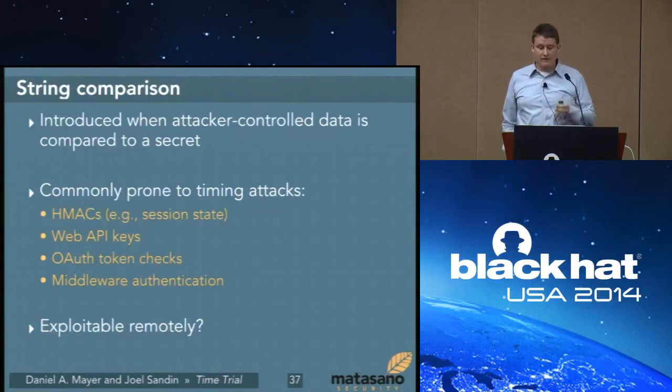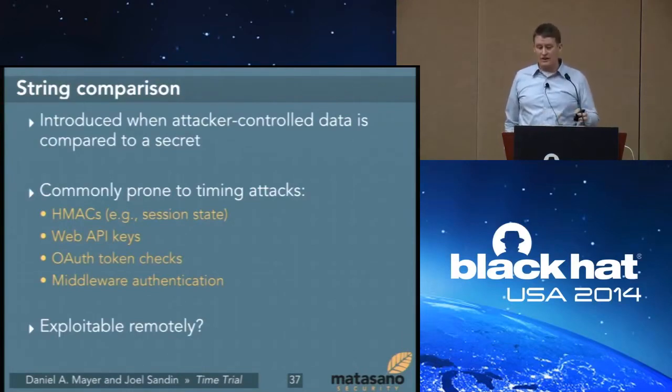Web API keys is another common place where developers compare these things insecurely. They have a web API key in memory that they expect for the client they're getting the request from, and they go ahead and compare it using a regular comparison. OAuth tokens can be implemented using HMACs, or they can be opaque values like web API keys, and the same issues come into play. Web micro frameworks have middlewares to do things like authentication.